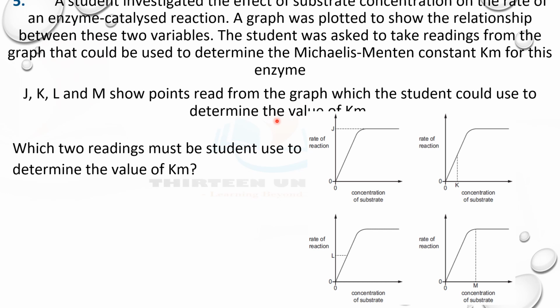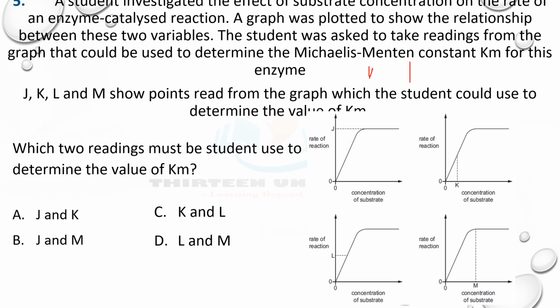It's must the student use, so which one must be used? To determine the Km value, remember the theoretical concept behind this. Km is the substrate concentration at half Vmax. Let me draw it again.